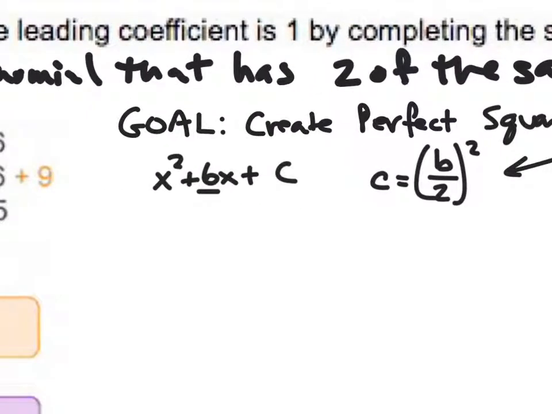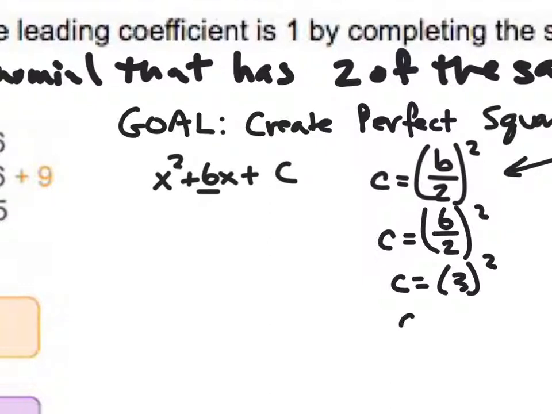Okay, so what I'm going to do here is take our value, which was 6, not b, divide it by 2, and then square it. So then c is going to equal 3 squared, so then c is going to equal 9. Okay, and so what I do is we have to create this, okay?